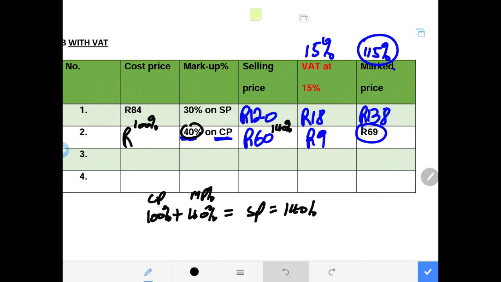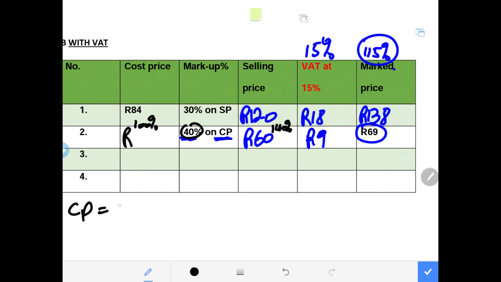Guys, I want to repeat this so that it really sinks into your mind so well that you dream about it. So now we are calculating cost price, which is the missing amount. How much do we have? We have selling price of how much? 60 Rand. So 60 Rand we multiply by what we are looking for. What are we looking for?